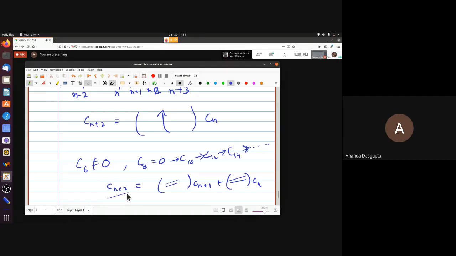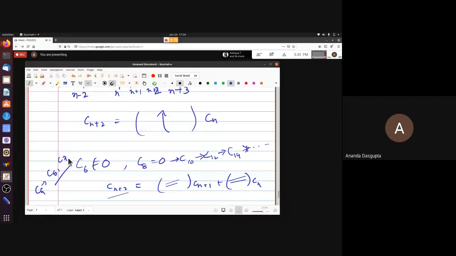Say, make C8 vanish, even though C6, C7, etc. are not 0. But then C9 will not depend on C8 alone. It will depend on C7 as well. So unless you are very, very lucky, C9 will not be 0. C9 could vanish if there were some very special combination of coefficients which made it vanish also. And if, of course, both C8 and C9 vanish, then C10, C11, all of them will vanish.